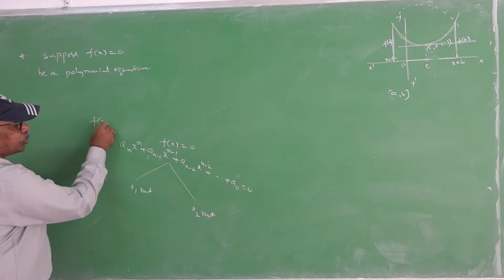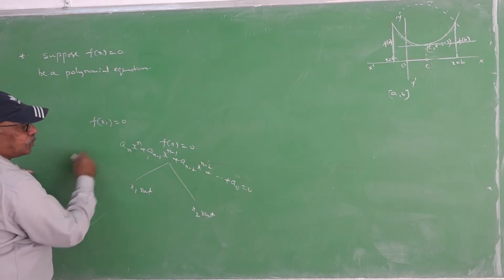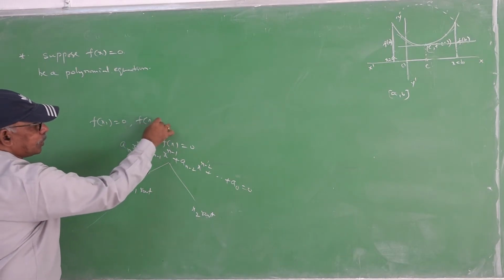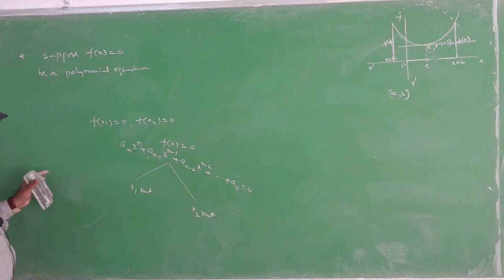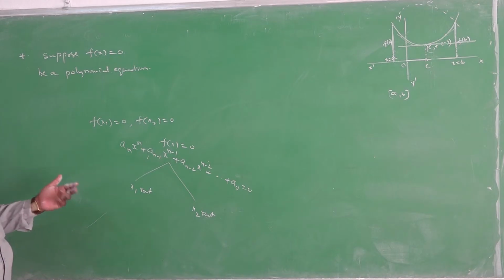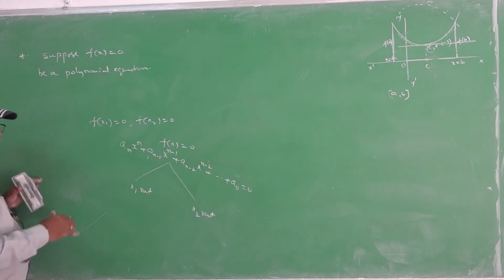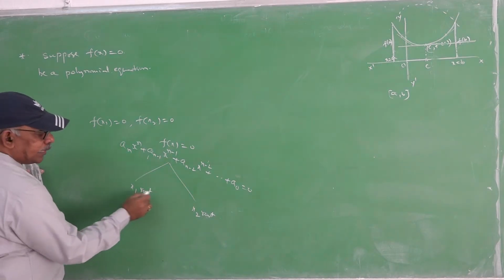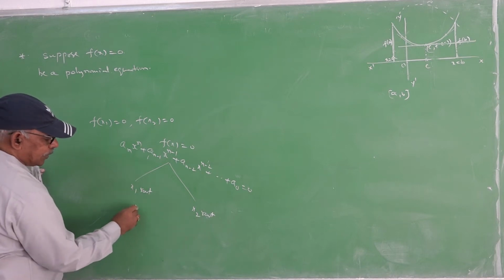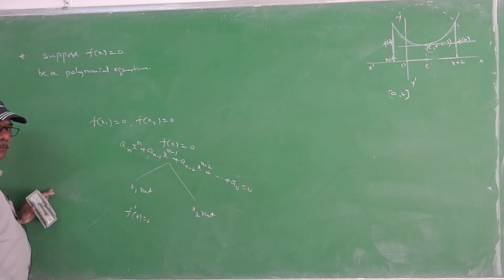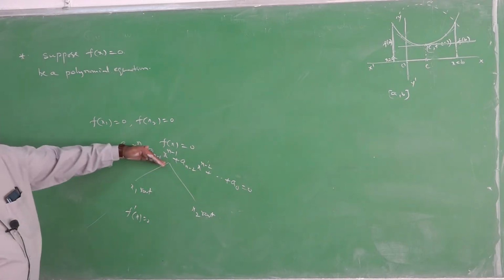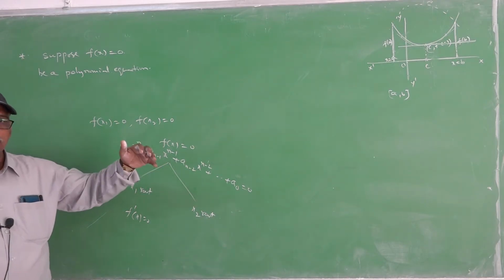Once they are the roots, then f of x1 equals 0 and f of x2 is also 0. Both are equal, f of x1 equal to f of x2, because they are the roots. So once x1 and x2 are two roots of that equation, certainly there exists at least one root of f dash x equal to 0 in between x1 and x2 by Rolle's theorem, because the polynomial function is continuous everywhere.